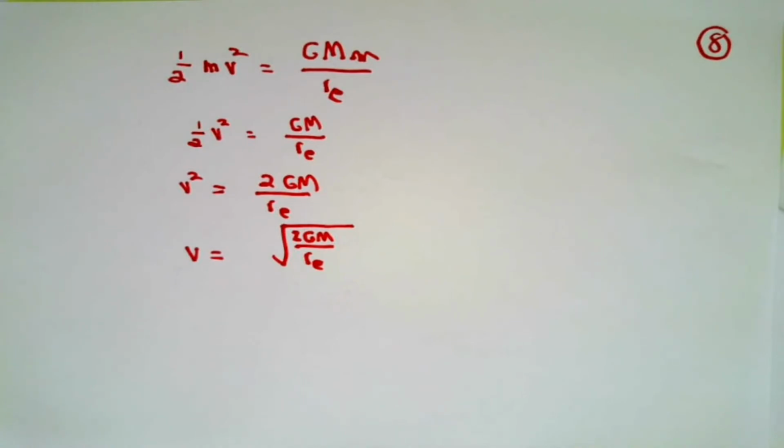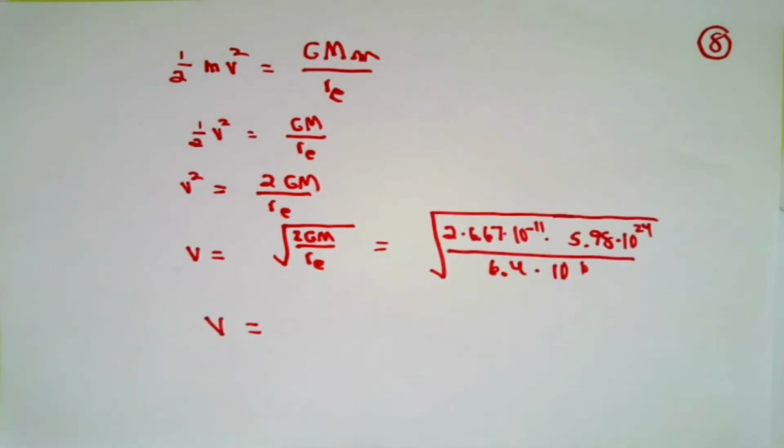Starting at the surface of the Earth, if an object is hurled upward with this amount of speed, this amount of velocity, then it will escape. For that reason, we call this number the escape velocity, and since we know Newton's constant, the mass of the Earth and the radius of the Earth, we can actually calculate it from this formula.